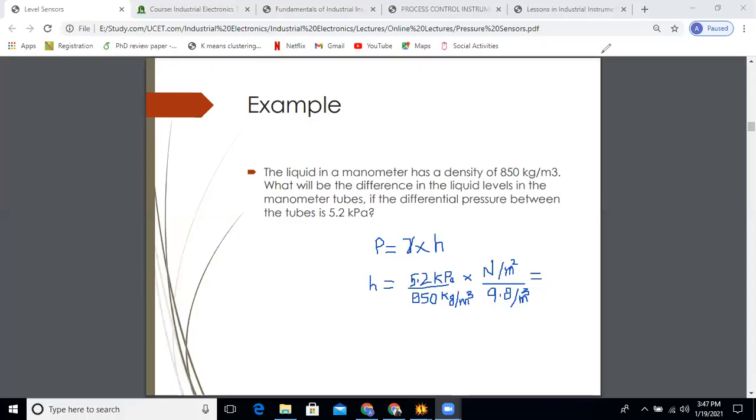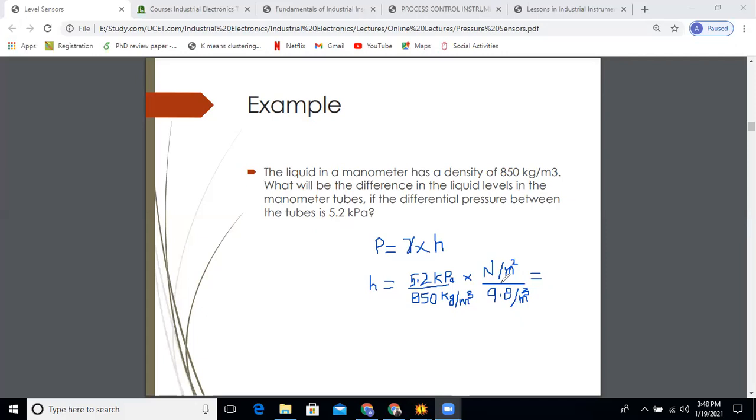So by putting in the values and rearranging the units, we have to convert these units, and we have to find the difference H in some reasonable units.